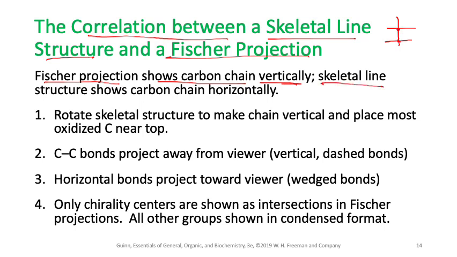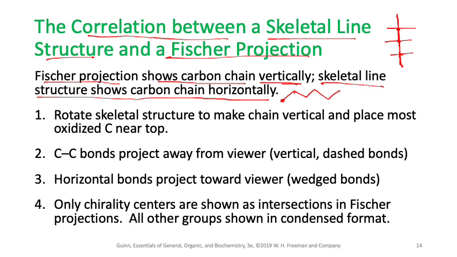Whereas the skeletal line structure shows the carbon chain horizontally, something like this, that we learned in the organic chemistry part. So over here you have the carbon vertically in the Fisher projection, in the skeletal line you have it horizontally. These are your carbons, right? So this is how you can differentiate whether we are talking about the Fisher projection or a skeletal line structure in organic chemistry, right?